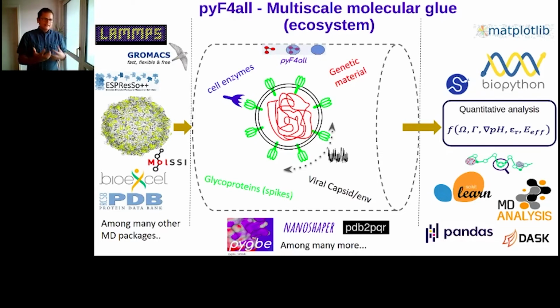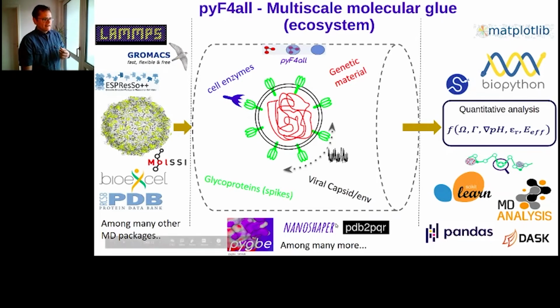And through this multi-scale interaction, we have the aim to simulate the whole virus with their glycoproteins, with the genetic material, with their capsids, their envelopes, and also perhaps interaction with the human cell enzyme like the ACE2.